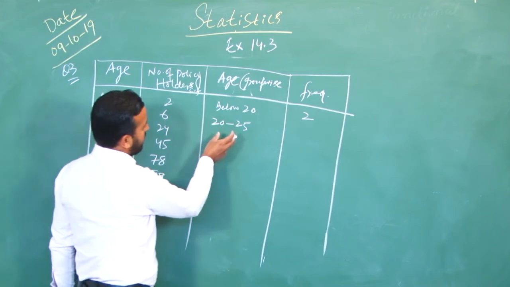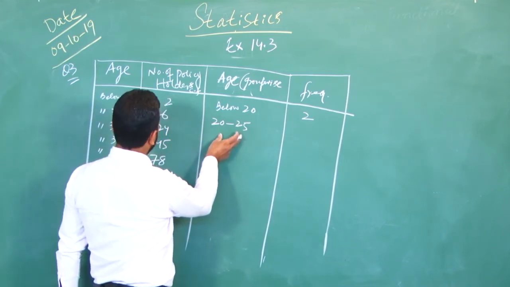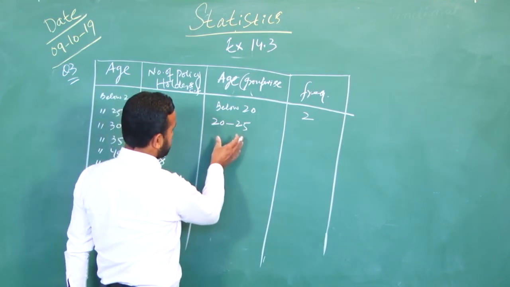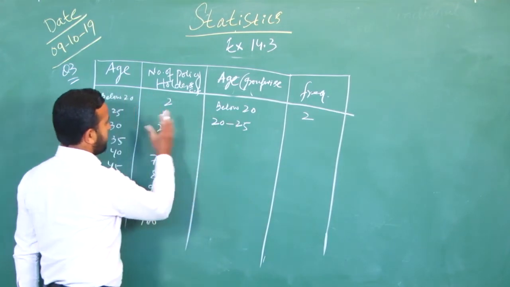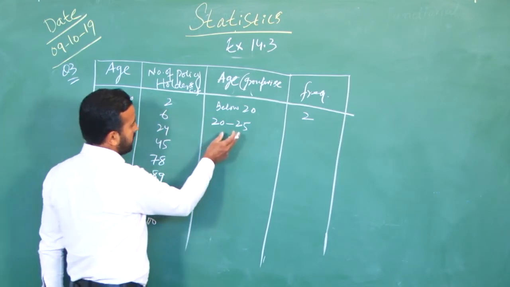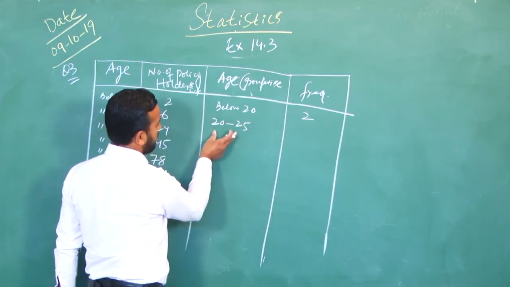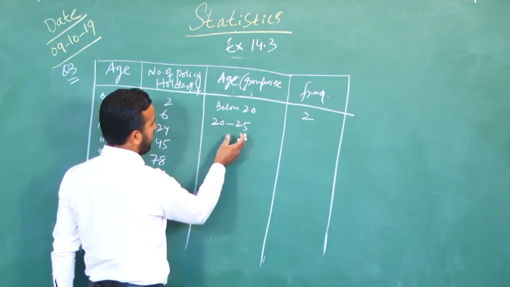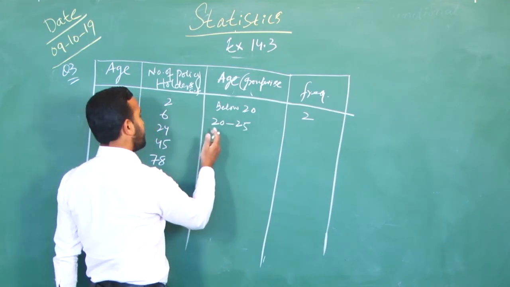But while we are converting the less than type into the grouped frequency distribution, we have to write down here the frequency of this particular group, that is 20 to 25, more than 20 and less than 25.